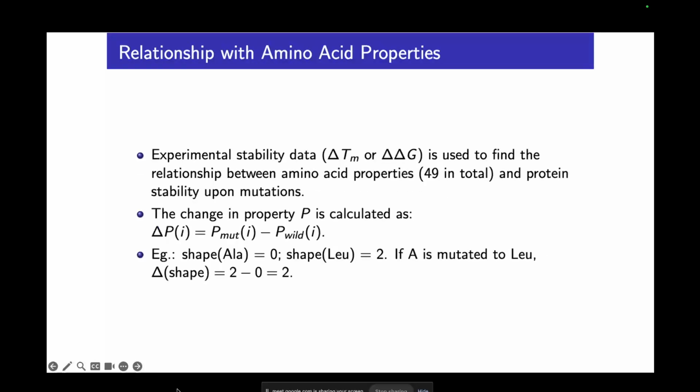Some amino acids will be more frequently mutated, some less frequently. The more frequently mutated amino acids probably are not that important to the structure of the protein, or the mutation that is happening is a like for like mutation.